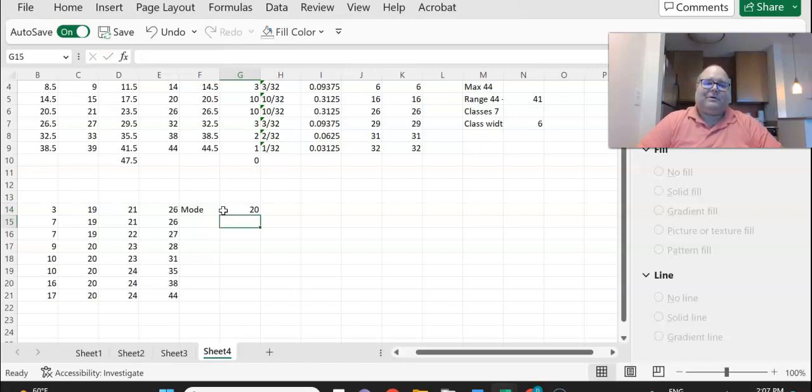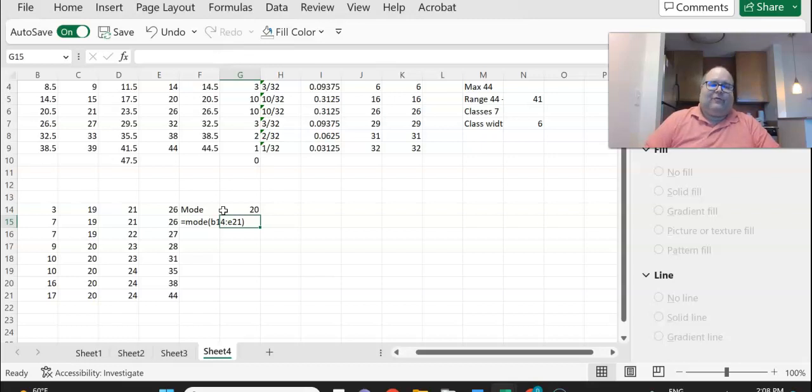This can also be computed using equals mode of the range of values that we're interested in discussing. In this case, they go from B14 over and down to E21. Since this formula has the apostrophe in front of it, it's not going to compute.